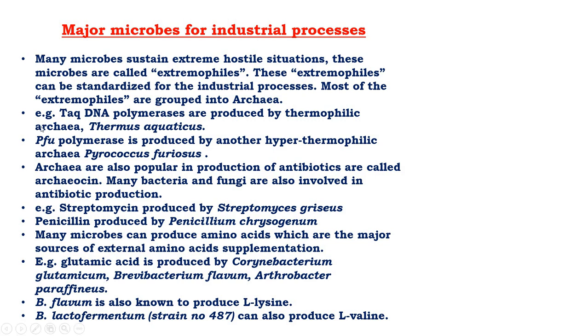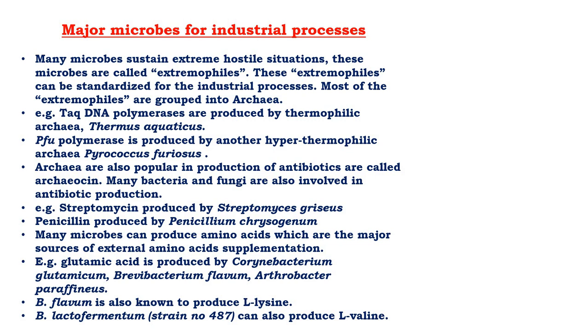Another is Pfu polymerase, also a DNA polymerase utilized for PCR. The main difference is that Pfu polymerase has greater proofreading activity, and it is produced by another hyperthermophilic archaeon, Pyrococcus furiosus. You all know Taq DNA polymerase and Pfu polymerase have wide application in molecular biology.